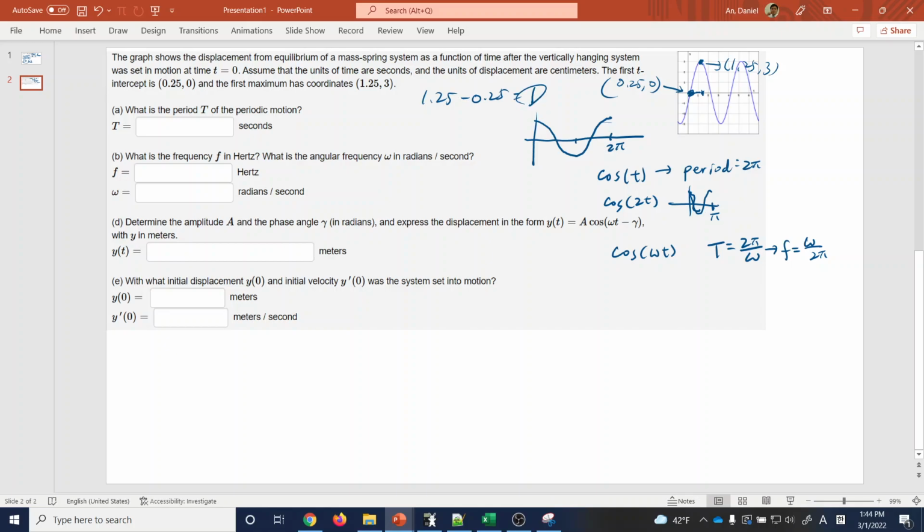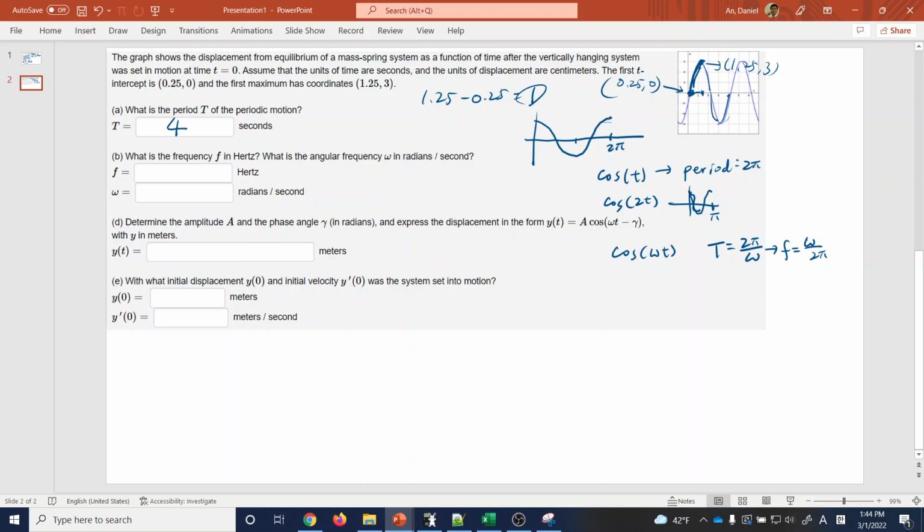So the horizontal distance from the midpoint to the maximum is 1.25 minus 0.25, which gives you just 1. But remember that this is a quarter of the period, because one period has to do 1, 2, 3, 4 to come back, right? This is one full period. So that means our period should be 4 seconds.